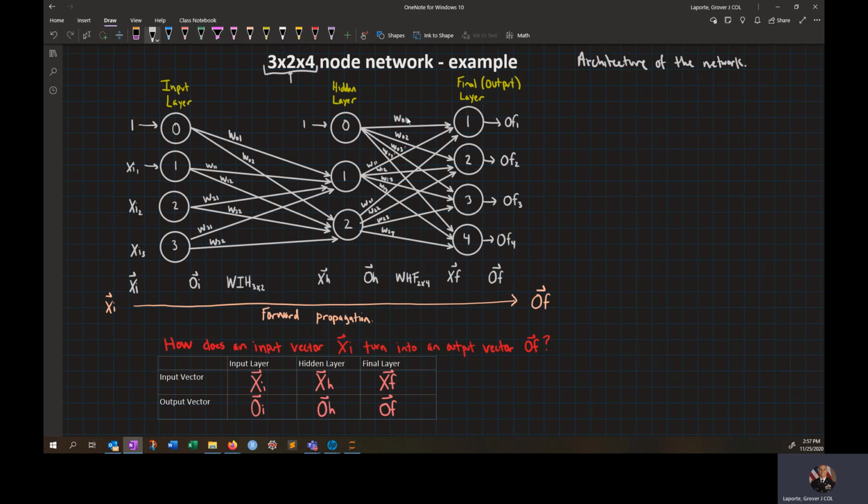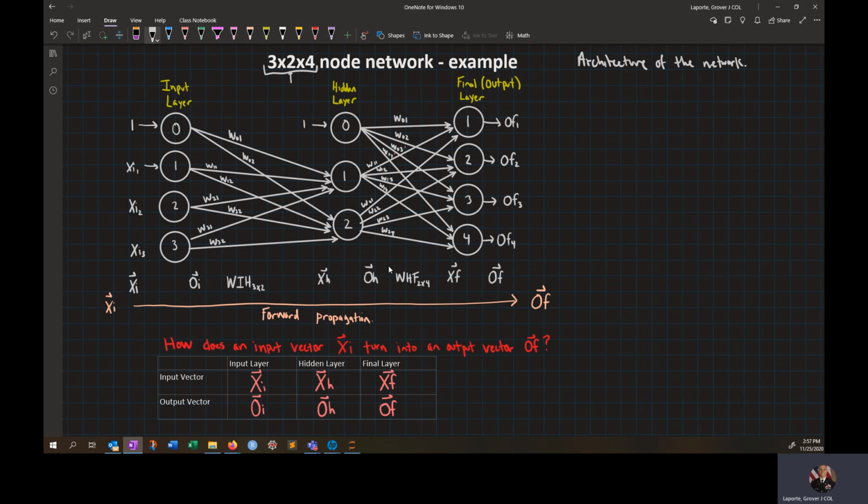The same nomenclature is used in the next set: 0, 1 goes from 0 to 1, and 1, 1 goes from 1 to 1, and you can see how that works.